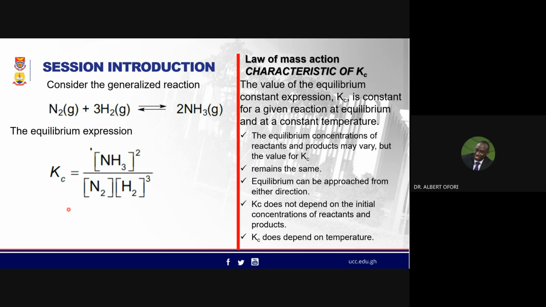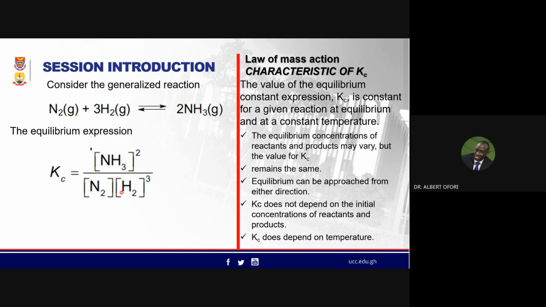Okay. Now at equilibrium, once we have equilibrium being established, we are going to be using the equilibrium concentrations to calculate the equilibrium constant, not the initial concentrations of the reactant and the product. They are not the same.